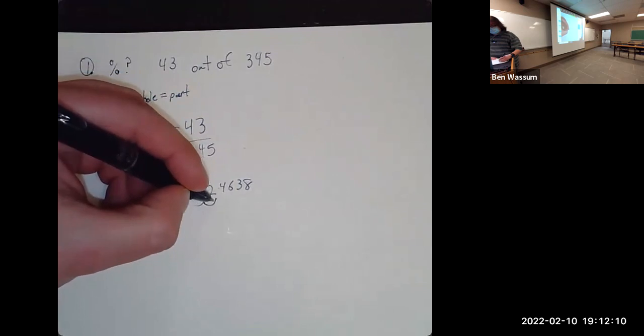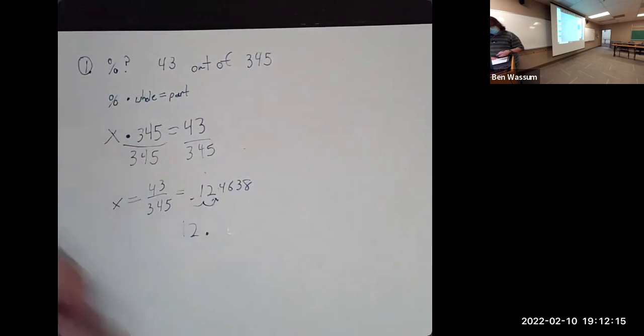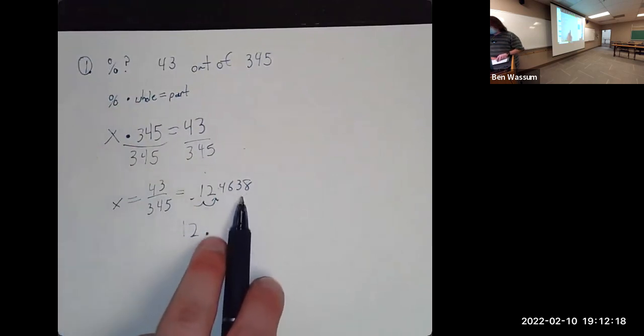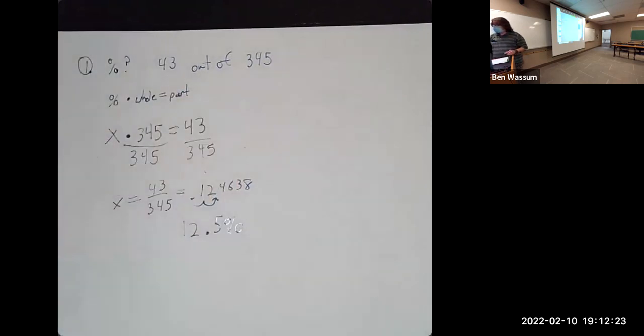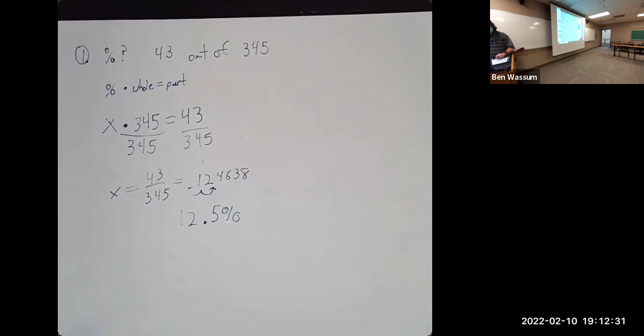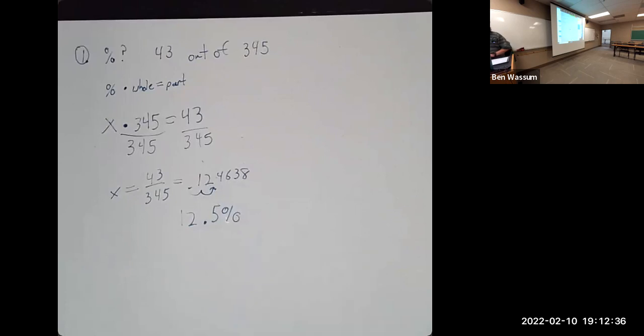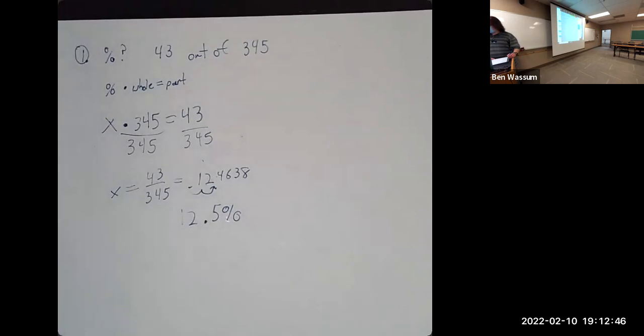So we move that over, we get 12 point whatever, and we're definitely going to round a little further than that. Let's just call it 12.5%. So 43 is 12.5% of 345. It's not too bad. I could have very well called it 12.46 if I wanted to, or 12.464, or something giant and horrible. Doesn't much matter.